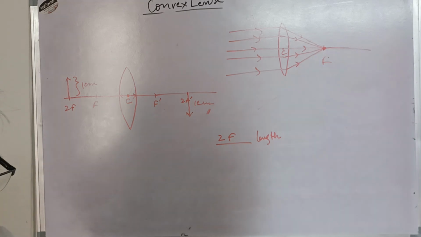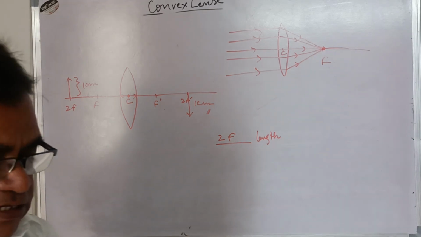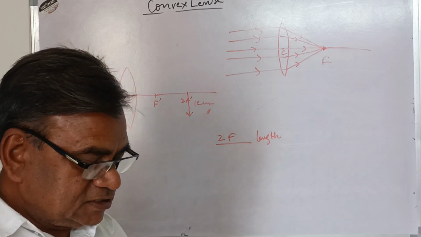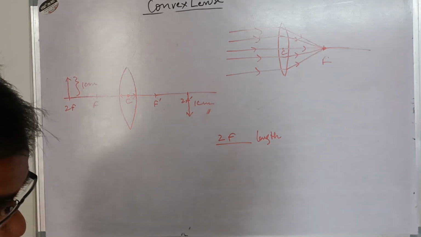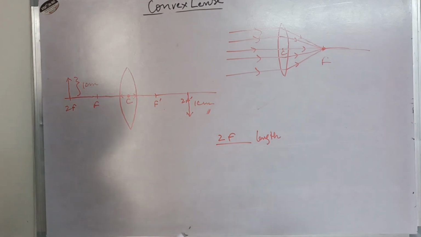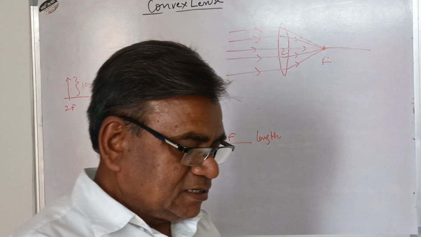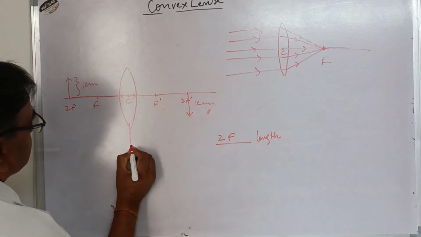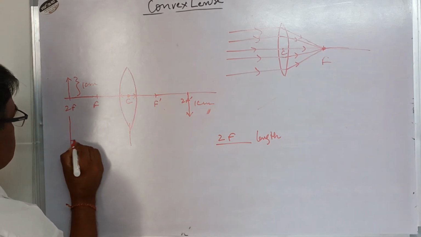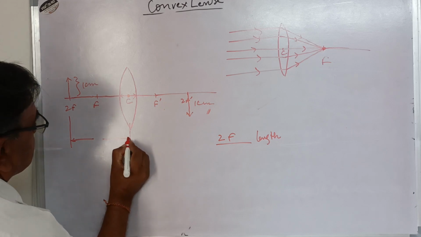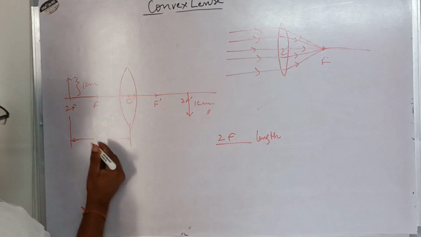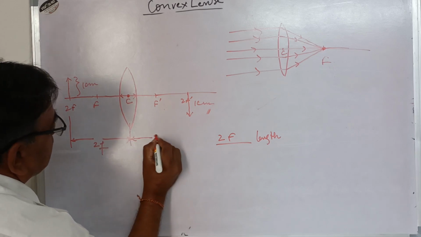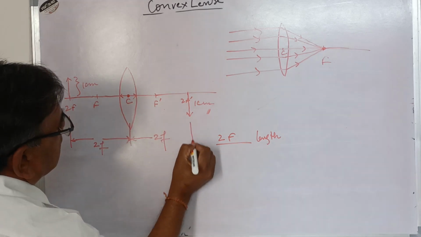If the image formed by a convex lens is of the same size as that of the object, what is the position of the image with respect to the lens? At the same distance as the object. The object is at 2f, so the distance from here is 2 times the focal length, so the image is also at 2f here.